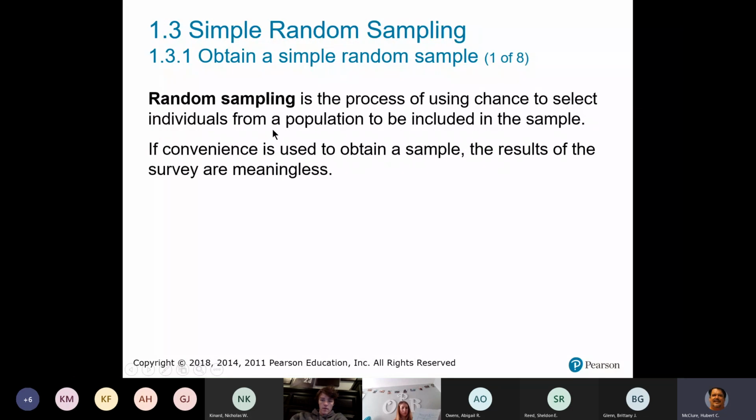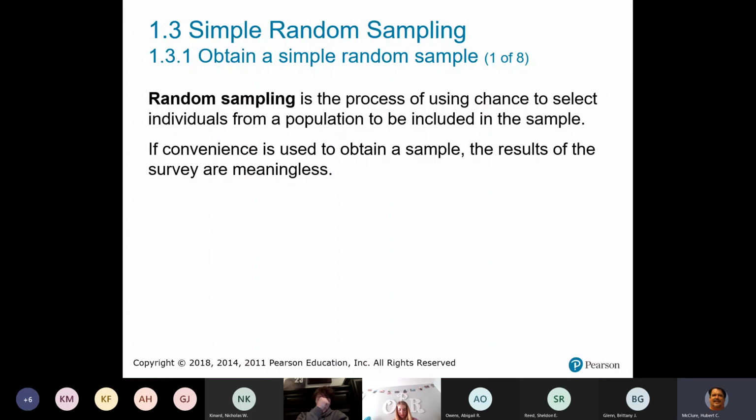Okay. Random sample, and I'm going to go through this. Random sample is the process where everybody, and write this down and highlight it because I will test you on this, has an equal chance. Write that down. Everyone has an equal chance of being picked.